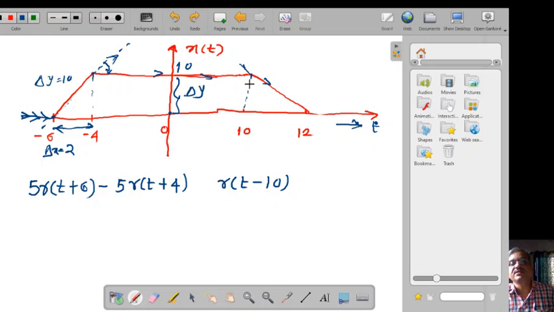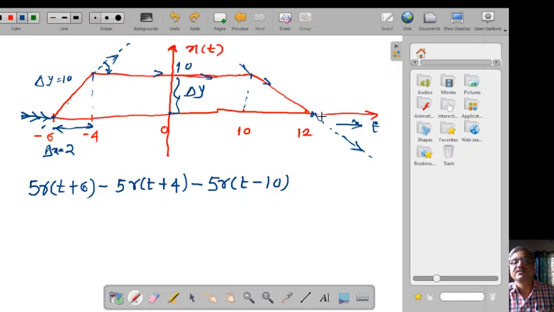And now you observe again the slope. The slope of this ramp will be 12 minus 10, it is 2 units, and again it is 5, so it is 5r, and since it is decreasing in nature, I will be using a negative sign. So at point 12 you observe this line will be going in a negative direction like this.